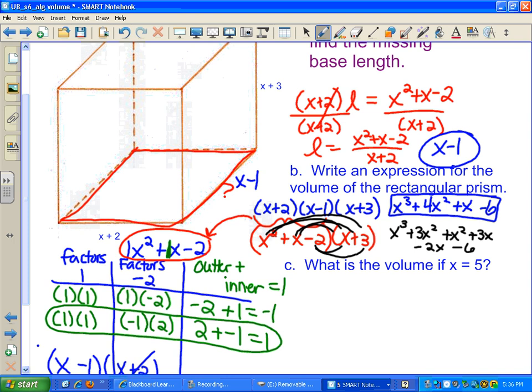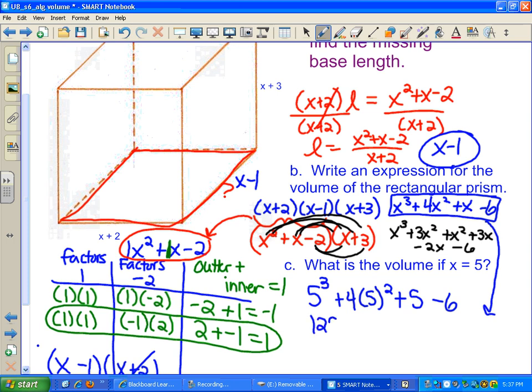And then the last thing is, what's the volume if x equals 5? So I'm going to go ahead and take my expression for volume, and everywhere I see an x, I'm going to plug in a 5. So 5 cubed plus 4 times 5 squared plus 5 minus 6. And I can go ahead and use my calculator. 5 to the third power is 125. Plus 5 squared is 25 times 4 is 100.